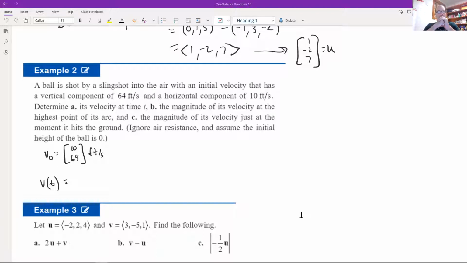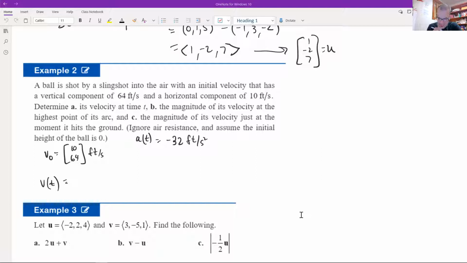What do we need to do there? Well, theoretically, if we're ignoring air resistance, like we most of the time do in math classes, then the horizontal component should just stay constant. But the acceleration due to gravity is going to factor into the vertical component. The acceleration, we can write this in terms of t, it's just going to be a constant anyway, but it's minus 32 feet per second squared.